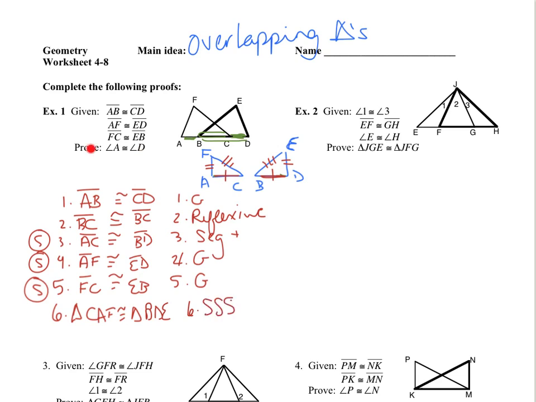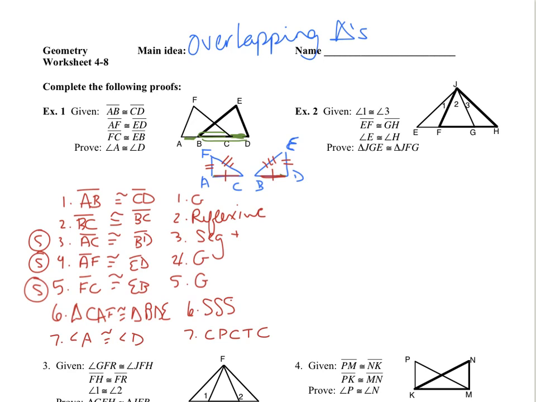But that's not what I'm trying to prove. I'm trying to prove that angle A is congruent to angle D. So that's my next step. I'm going to say angle A is congruent to angle D because corresponding parts of corresponding triangles are congruent.